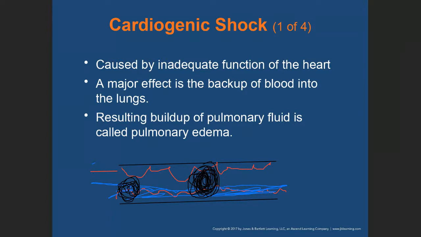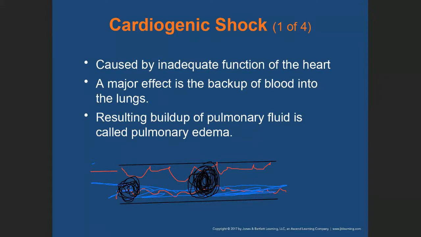Quick and fast, it's a patient with a heart attack with a low blood pressure. Once they have a heart attack, blood pressure is low, you're looking at cardiogenic shock. So cardiogenic shock is caused by inadequate function of the heart. A major effect is the backup of blood into the lungs.